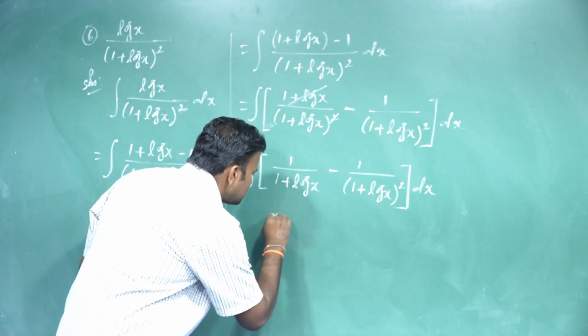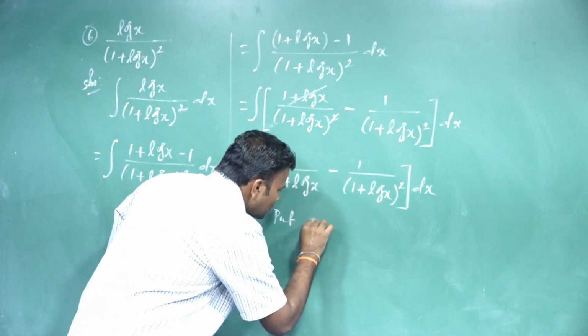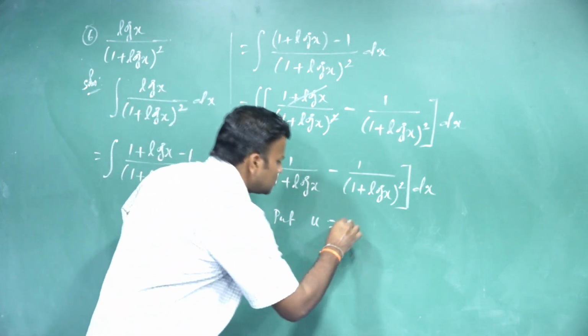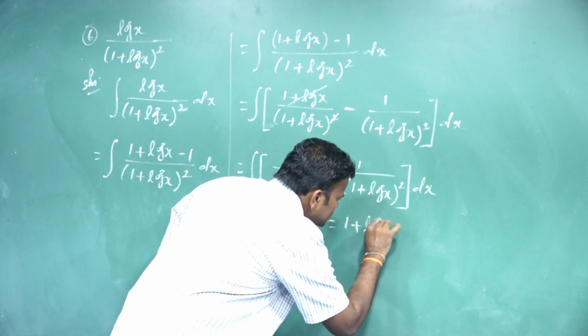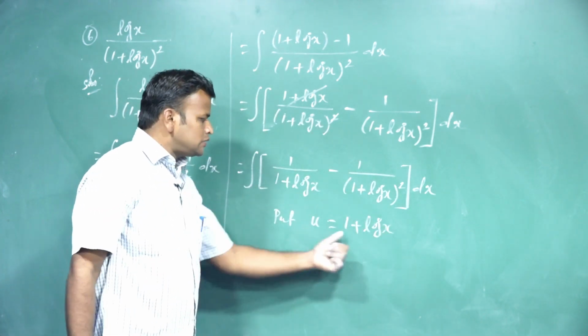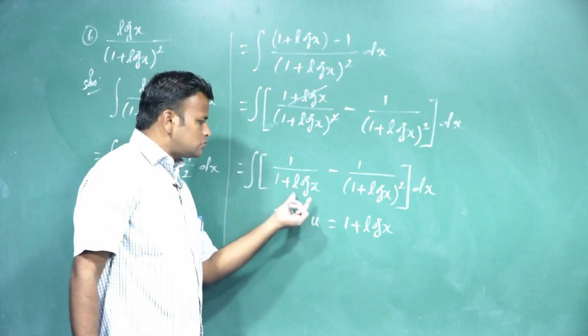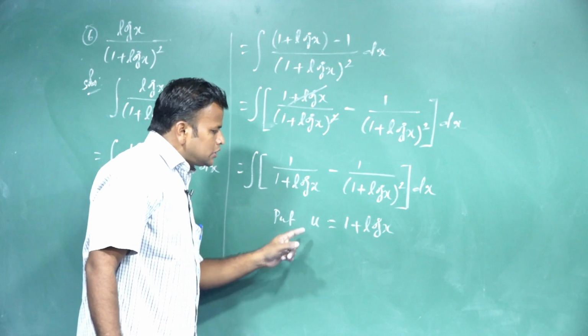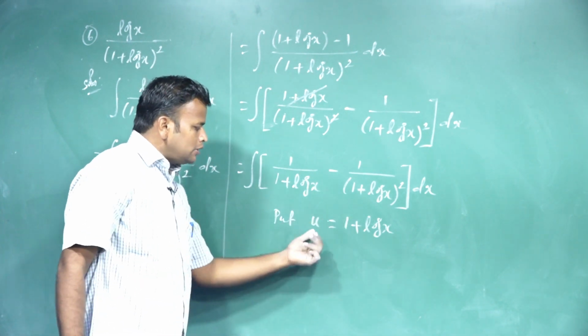It is your choice to take any variable. I will take u. The value of u is 1 plus log x. That is, the sum of these two terms becomes a single term, u. So now we change all the given variable into the other variable, u.